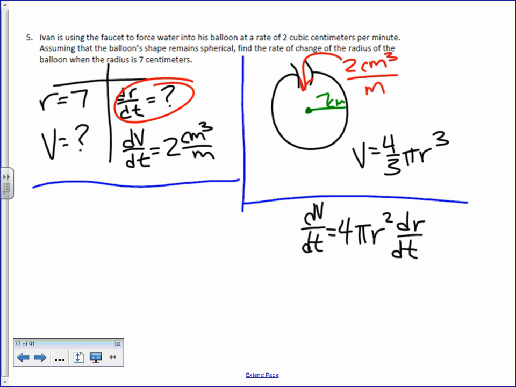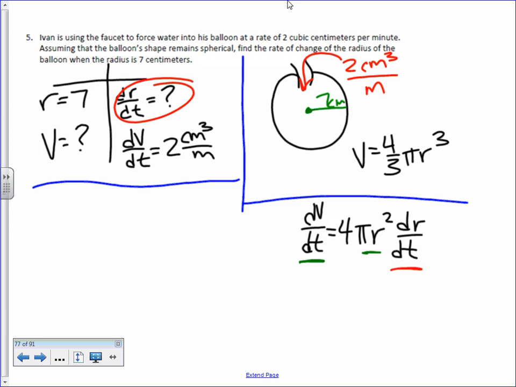Now I look at my variables in this problem. dr dt, that's the one I'm going to try to solve for. That's fine to still be a variable. What other variables do I have? r, right there. Do I have a value for r? Yep, so I can plug that in. dV dt, I want to plug something in for that. Do I have a value for that? Yep, so I can plug something in.